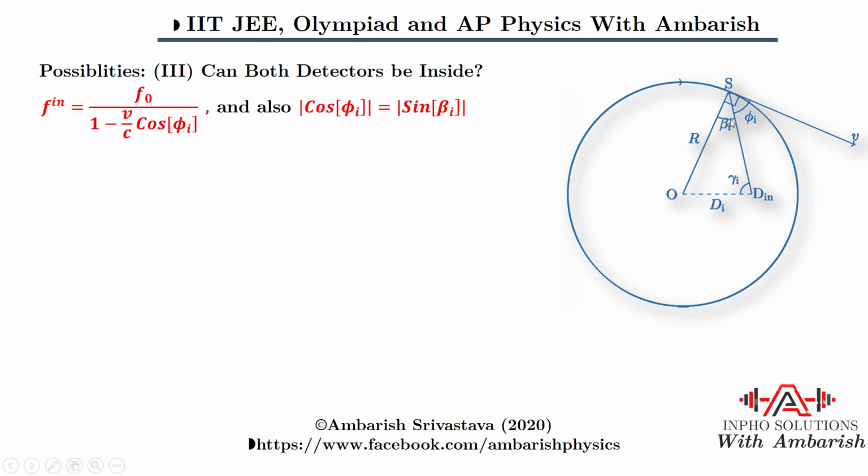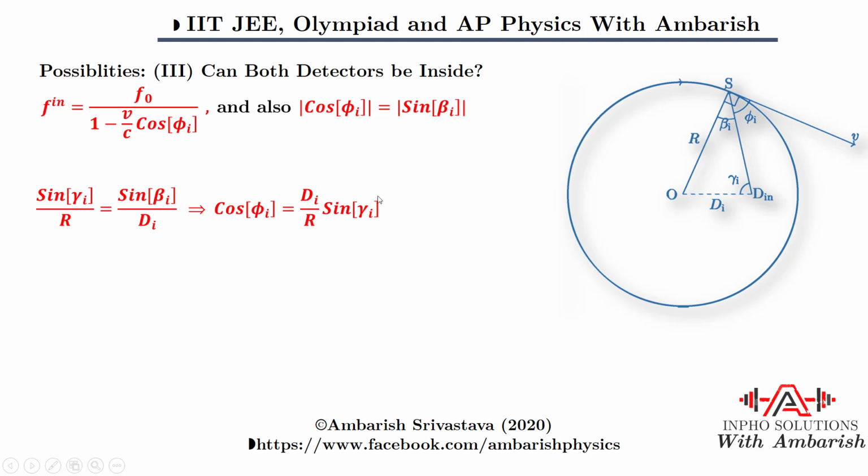So using this information, we can also apply the sine rule. Let this angle, the angle O to Dn with the Dn S, be gamma i. If you apply the sine rule, you can say that sine gamma upon R is the same as sine beta upon di. Or we can say that cos phi i, which was the same as sine beta i, is di by R into sine of gamma i.